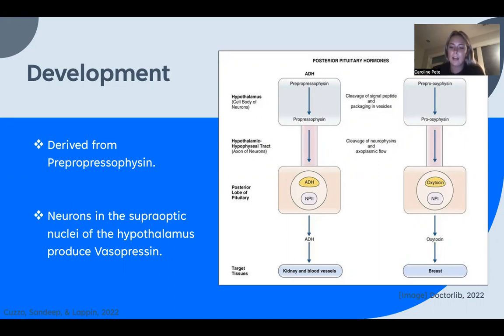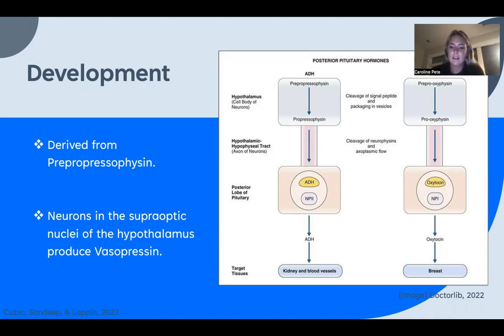In the Golgi apparatus, the signal peptide portion is cleaved from the prepropressophysin to produce a prohormone stored in the secretory vesicles. As it travels to the posterior pituitary, where vasopressin is released, the prohormone is cleaved to produce vasopressin.